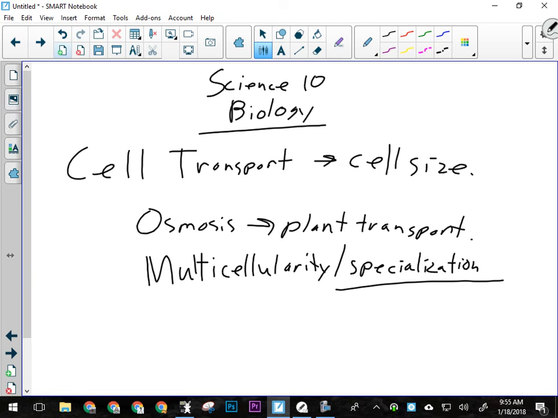So like the stomate was an example of a very specialized cell, the guard cell that is on the stomate, the palisade layer, the spongy layer, all that kind of stuff. So make sure you go over that as well. Yep, it does. But the reason it's going to the leaf to transpire is because there's an osmotic pulling force there.